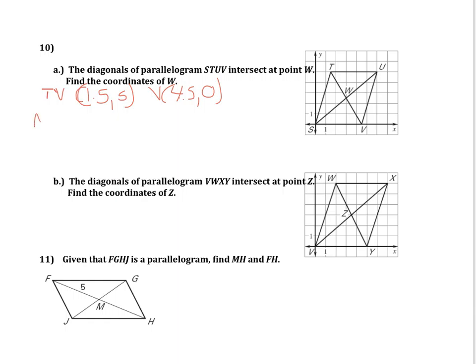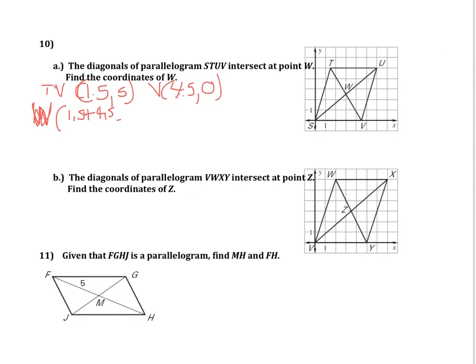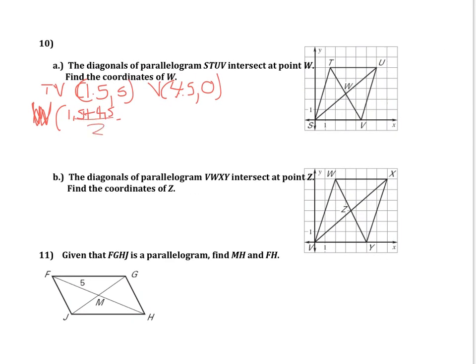So to do the midpoint, I got to call it W. The midpoint is 1.5 plus 4.5 divided by 2. And the other one is 5 plus 0 divided by 2. So this came out to 6 over 2 and 5 over 2. So using those 2 coordinates, I get 3 and 2.5.